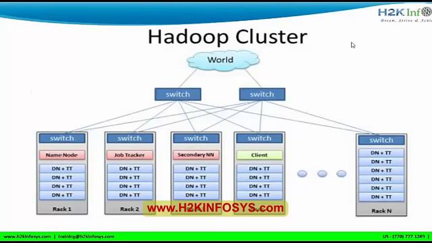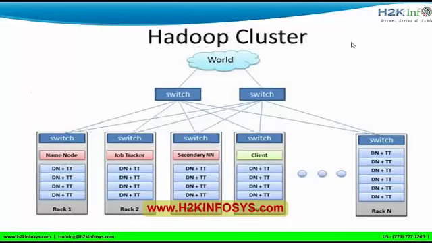After having all the daemons, this is how a typical Hadoop cluster looks. We have discussed what a rack is, right? A rack is nothing but a collection of machines, or a collection of nodes. On each rack, I will have a different number of nodes.